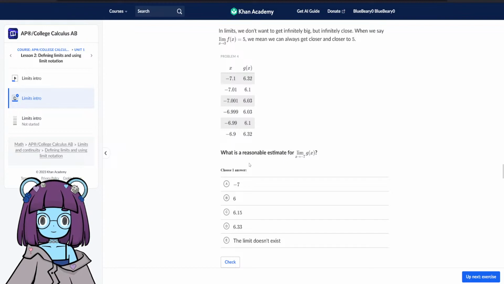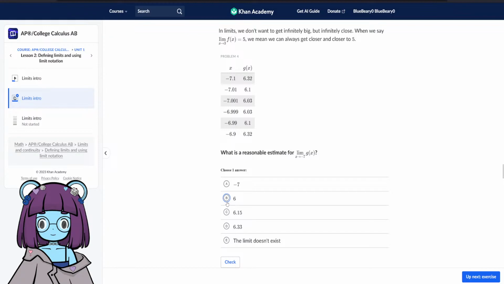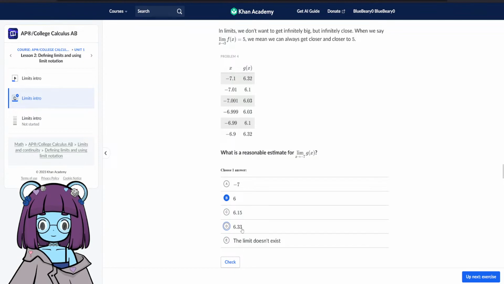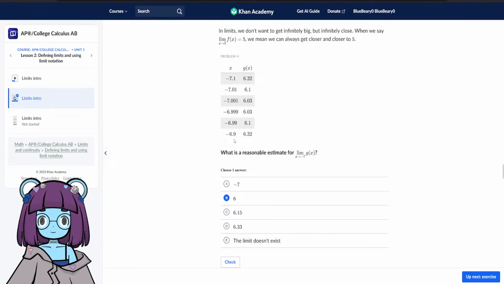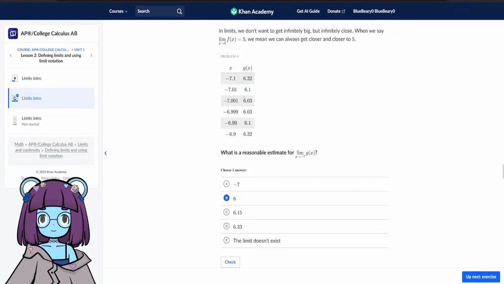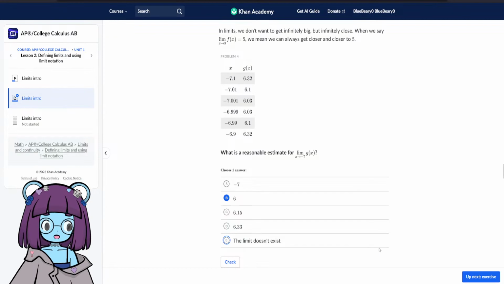I would assume it to be... because this is greater than that, and it goes down. And this is greater than both sides. And -7 is not even... I'm trying to visualize this in my head.